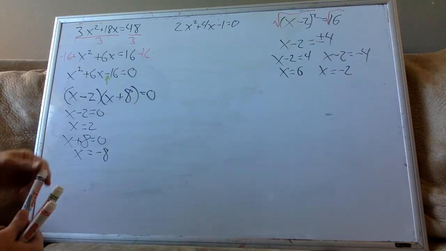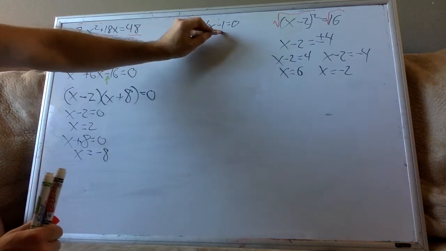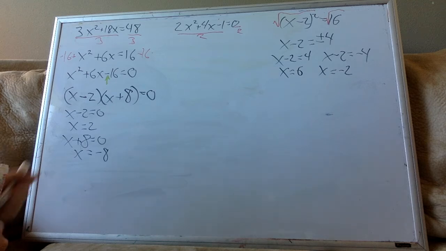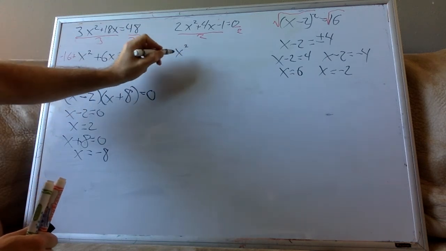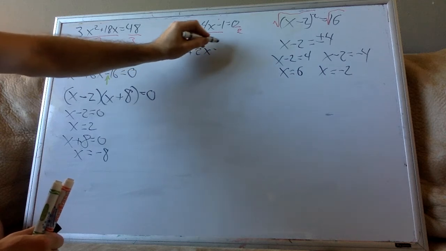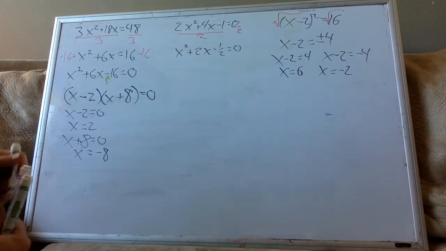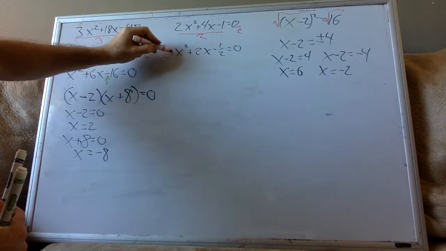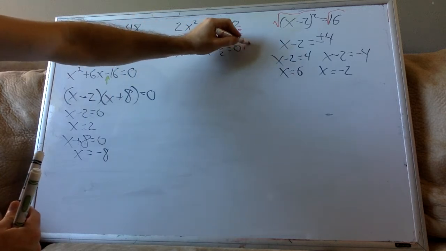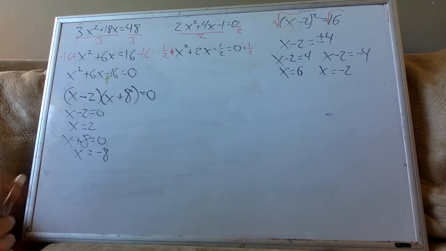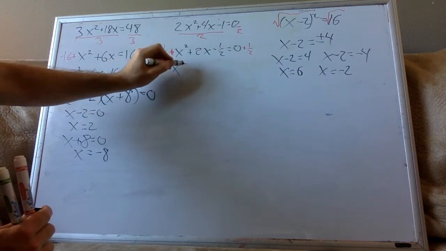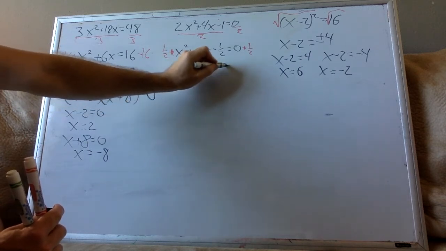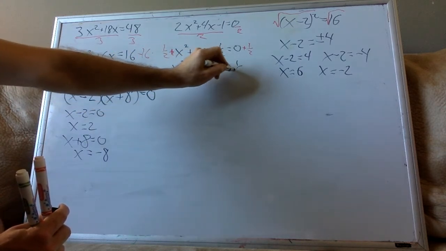So if I divide by 2, I still have 0 on my right side, but now I have x squared plus 2x minus 1/2 equals 0. Now I'm going to add my 1/2 to both sides. So now I have x squared plus 2x, I'm going to leave some space there, and then here I have my 1/2.